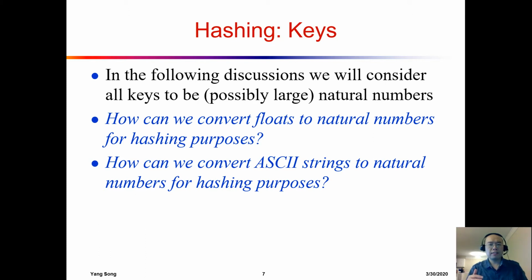If the key itself is a float number, we can do some simple trick to force that to be an integer. For example, if we have a float number 12.4, if we just throw away all the values after the decimal, then 12.4 will become 12. So we can just use the 12 as the natural number as a key.